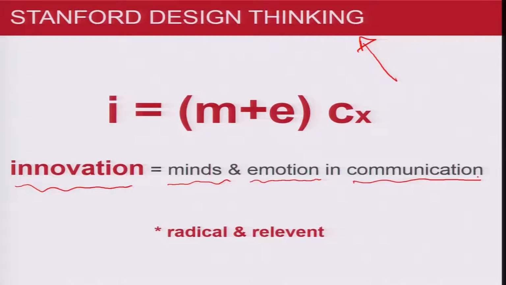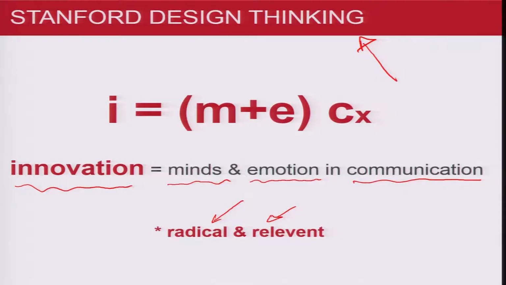So, basically there has to be a human factor, a proper empathetic behavior of the human factor towards situations, problems, stories, and then choose ideas which are the most radical and the most relevant. And then the minds have to communicate with each other in such a situation, so that innovation can be generated.